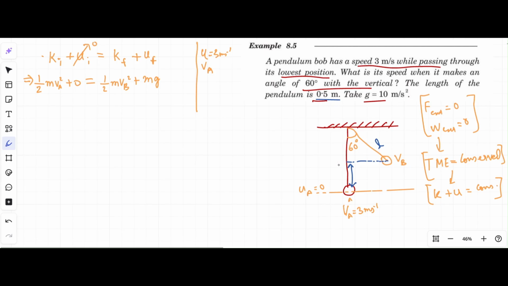And this is L cos 60. So this thing from here up to here becomes L cos 60. And this whole thing, from A to the initial position, is L. So this thing becomes L minus L cos 60.